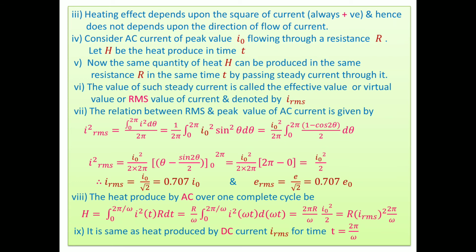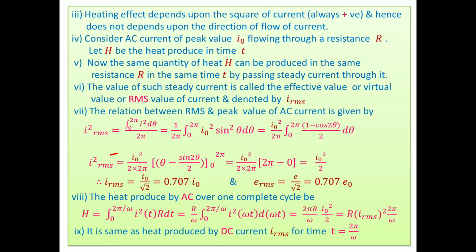We know that cos 2 theta equals 1 minus 2 sin square theta, and with the help of this formula you get sin square theta equal to 1 minus cos 2 theta upon 2. Thereafter 2 is taken outside, again I naught square upon 2 into 2 pi, and thereafter the integration of 1 d theta is theta, and the integration of cos 2 theta is sin 2 theta upon 2. Again put the limits 0 to 2 pi, the limits of the integration.